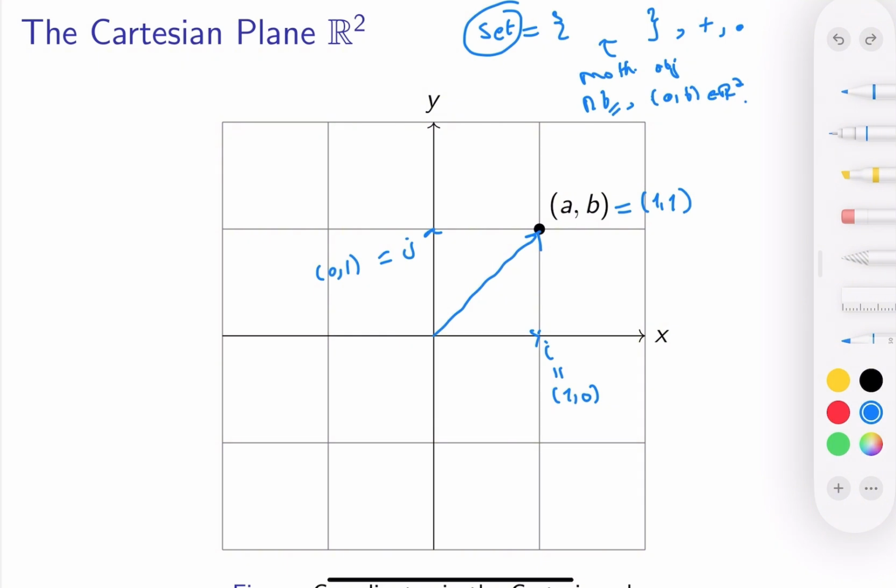For example, in this vector space, which you can consider as the set of tuples, the set of these points, and you equip them with addition and scalar multiplication, we're going to talk about this. The dimension is 2 because you have these two independent directions, right?